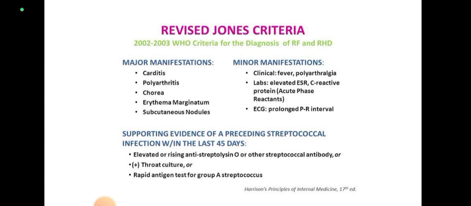ECG shows prolonged PR interval. Supporting evidence of a preceding streptococcal infection within the last 45 days is shown by elevated or rising anti-streptolysin O or other streptococcal antibody, or throat culture or rapid antigen test for group A streptococcus.